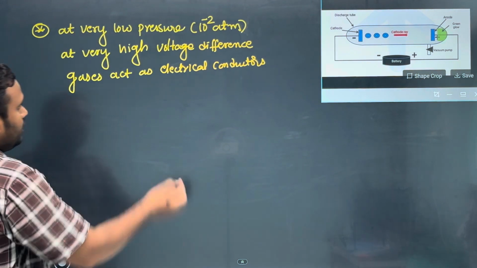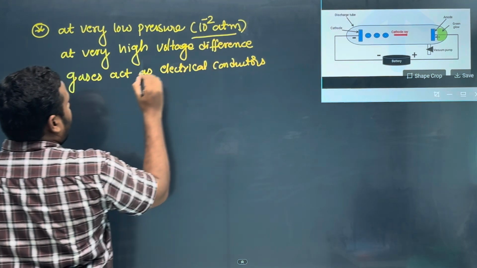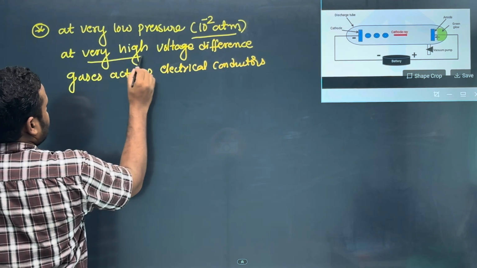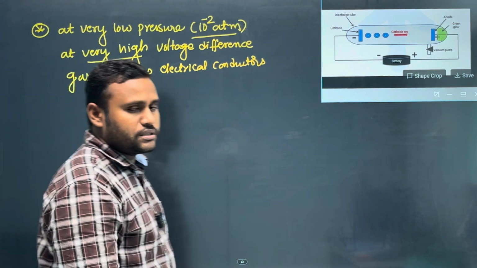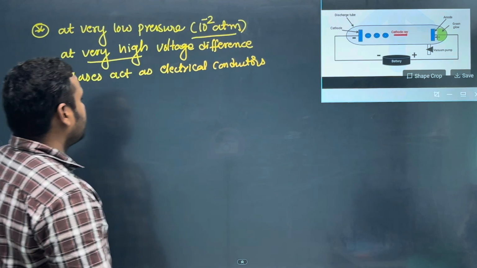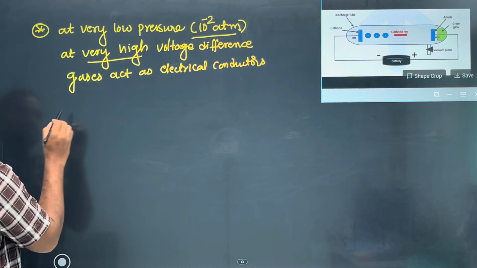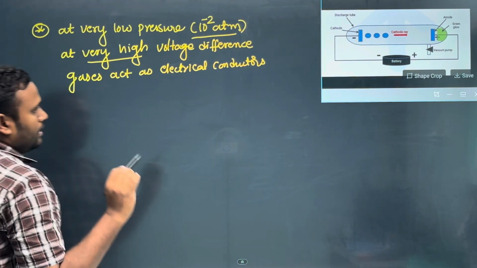Okay, so these conditions we can achieve in the discharge ray tube. So at these conditions gases act as electrical conductors.